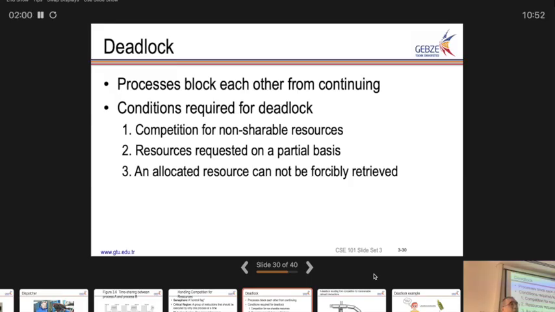You have to have a non-shareable resource, like a bridge, like a street. You have to be in the position of requesting. You are trying to do something, but that thing is blocked by another person, another process, and that process is also waiting for you. So you are waiting for him, he is waiting for you.